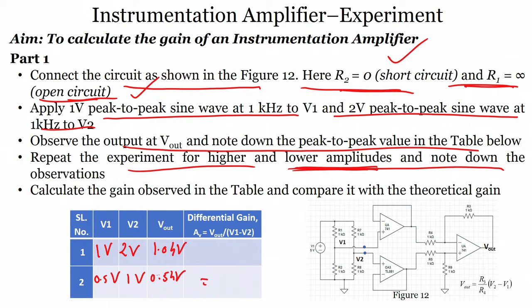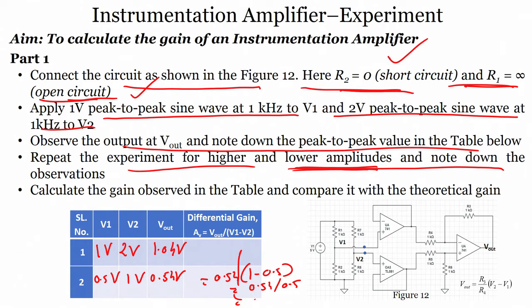So, if the gain is 1, let us see, V out, 0.54 divided by 1 minus 0.5, which is 0.54 divided by 0.5.